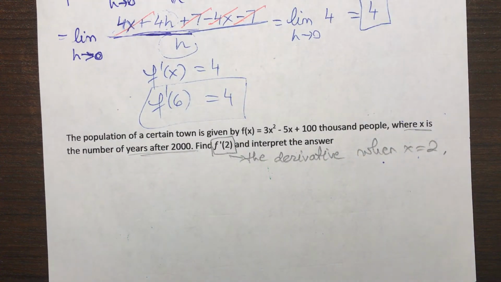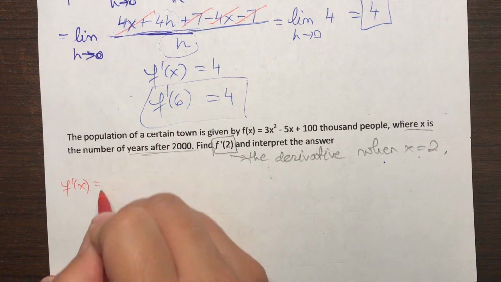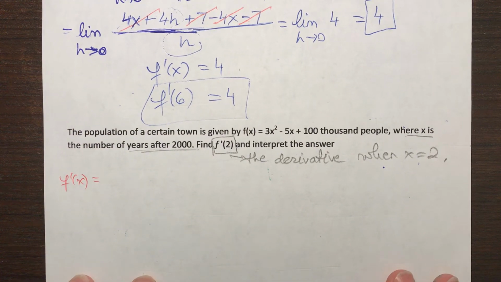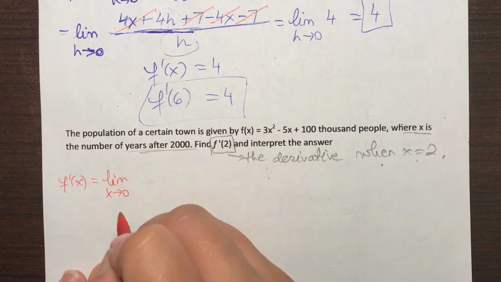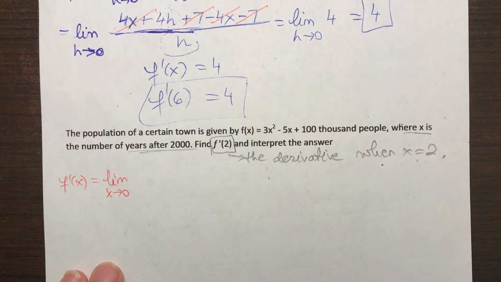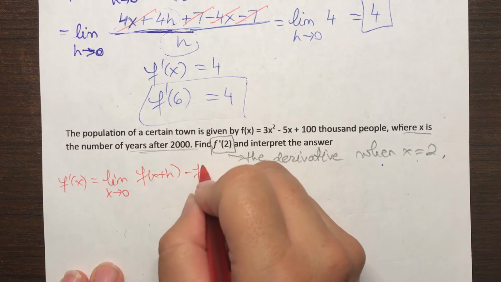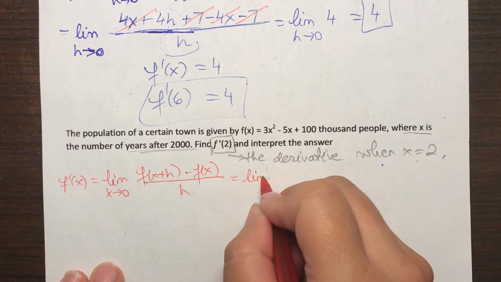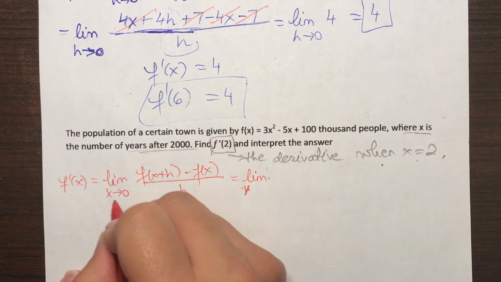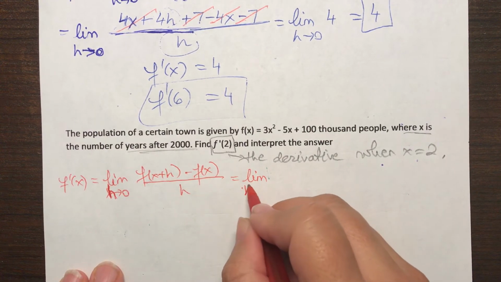So our first task would be to figure out the derivative function. I'm going to find the derivative, which is, one more time, the limit as h approaches 0 of f of x plus h minus f of x all over h. Oops, not x, but h.